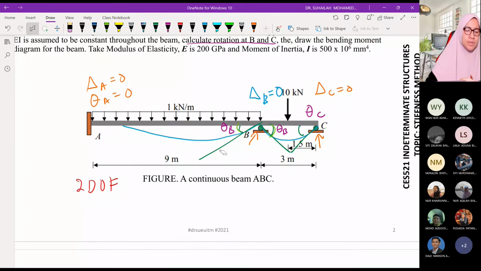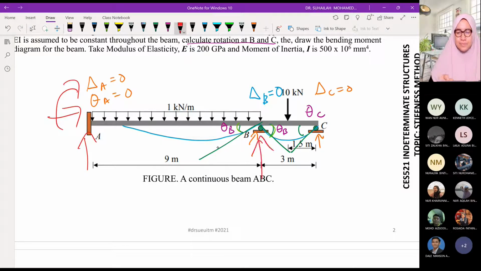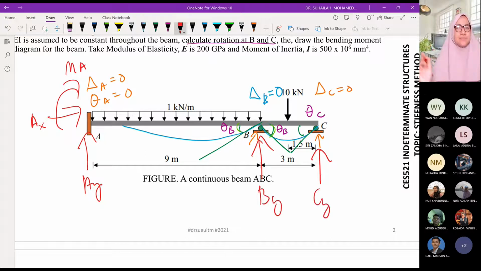So how should we write it? Conventionally, when we get a beam like this, we draw the free body diagram. We draw the reactions at the supports and label them AY, AX, MA, BY, and CY.